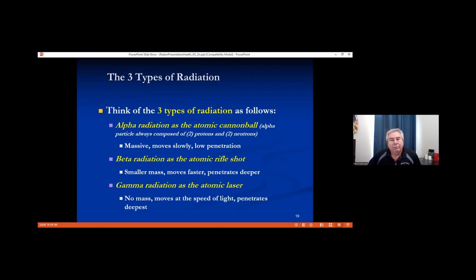Beta radiation is like an atomic rifle shot. It's a small mass, moves faster, penetrates deeper. The smaller it is, the faster it goes, it's going to penetrate deeper. In the case of gamma radiation, we can consider that as an atomic laser. It has no mass, moves at the speed of light, penetrates deepest, even to the point where it'll cross through concrete.